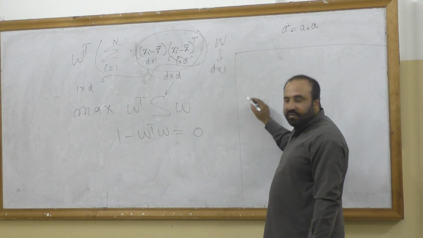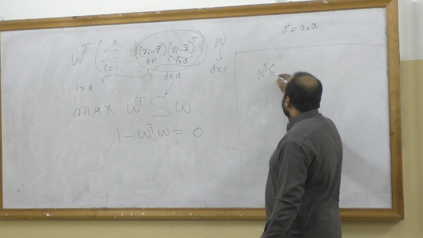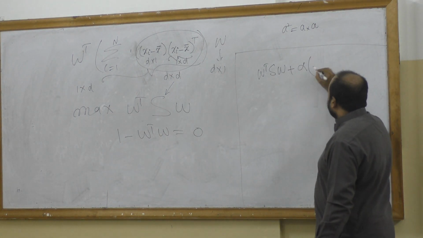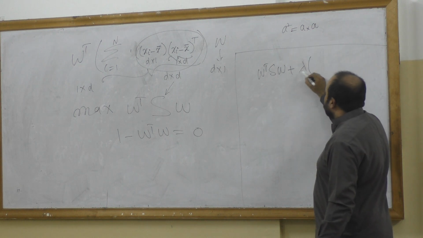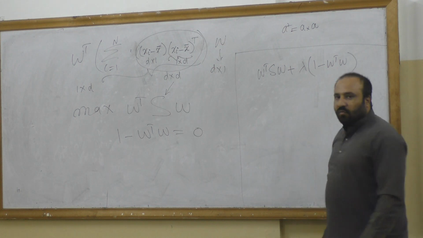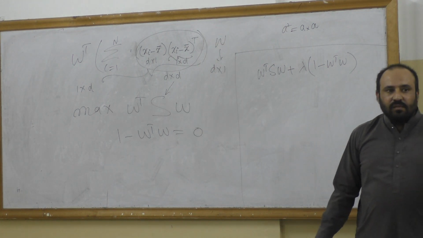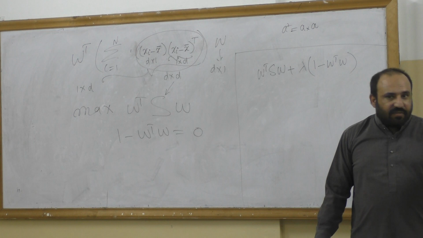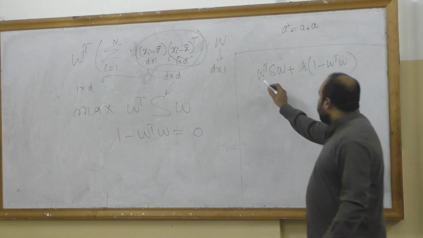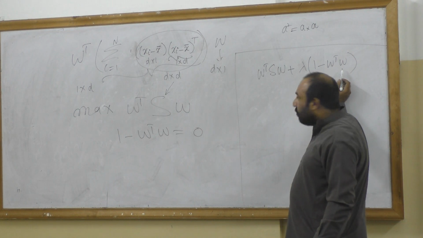So here is the Lagrangian function. W transpose S W plus lambda, where lambda is the Lagrange multiplier, times 1 minus W transpose W. What is the next step? We differentiate this with respect to W and put it equal to 0.